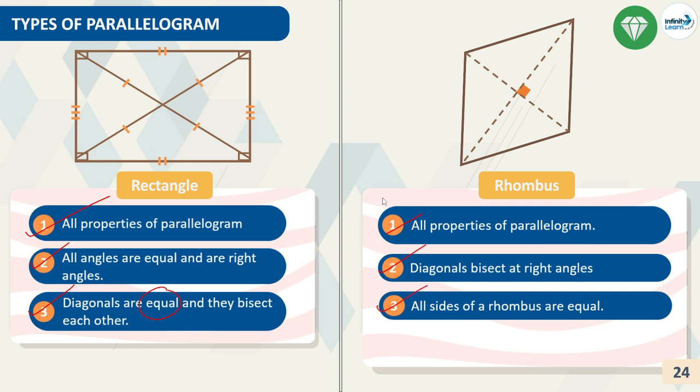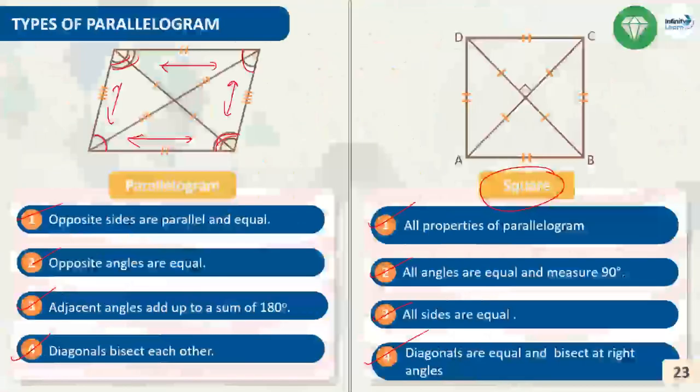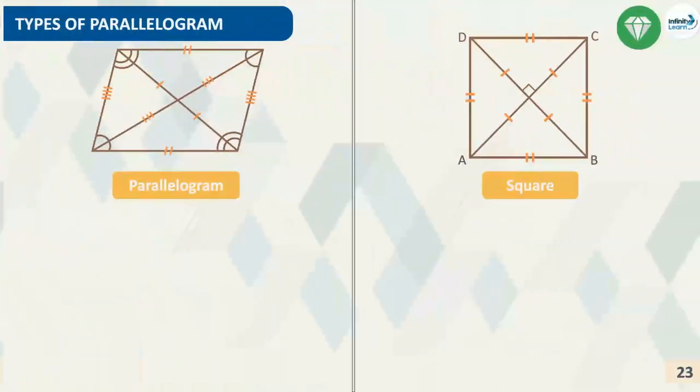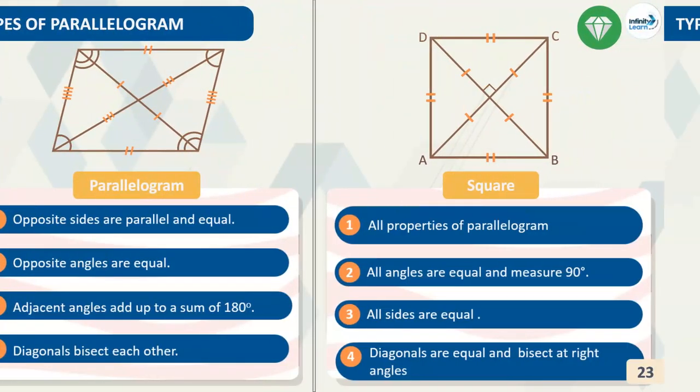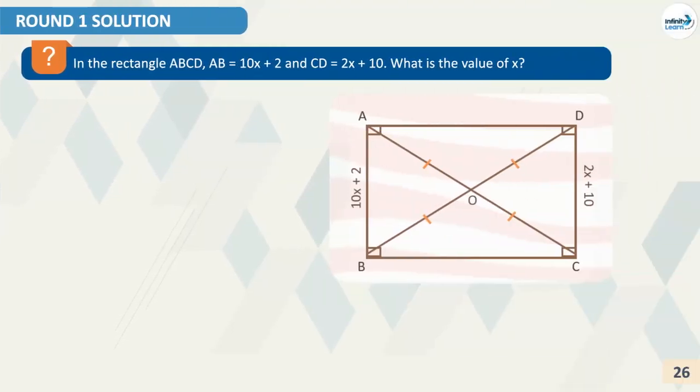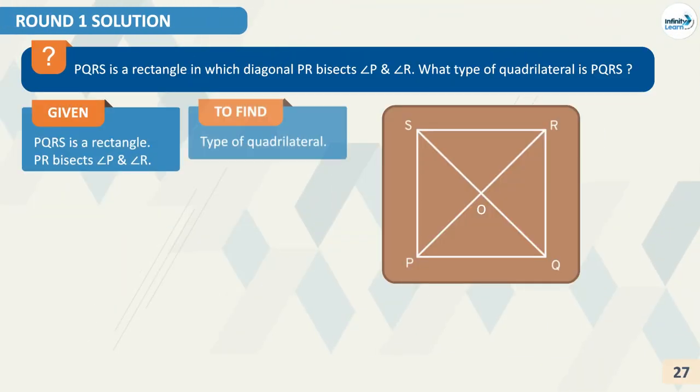Okay, and this is the summary of the properties we have seen. ठीक है. Practice questions we're going to start after this, based on the properties.